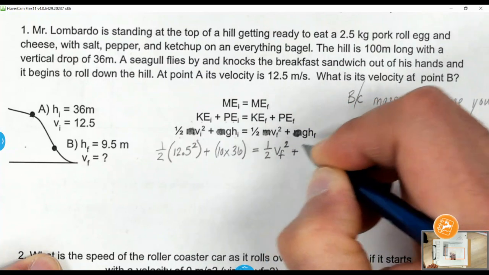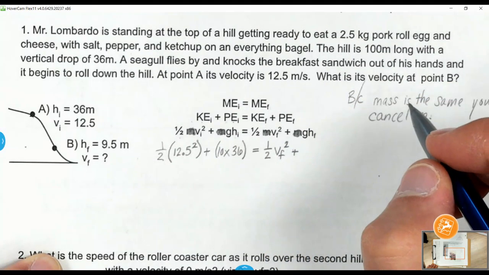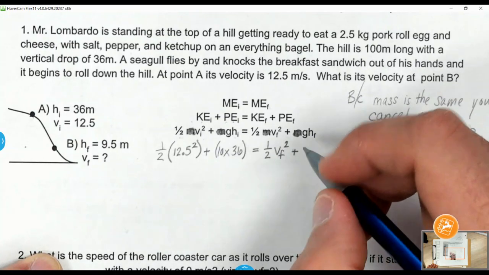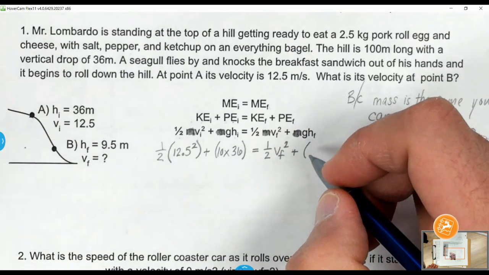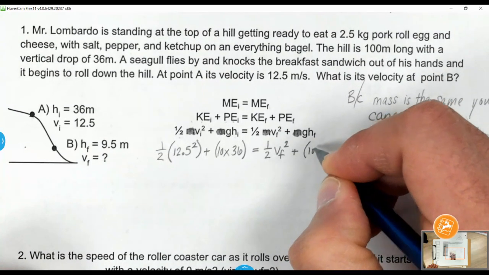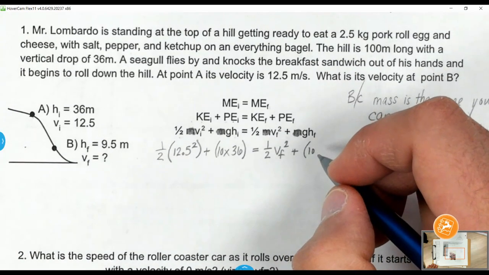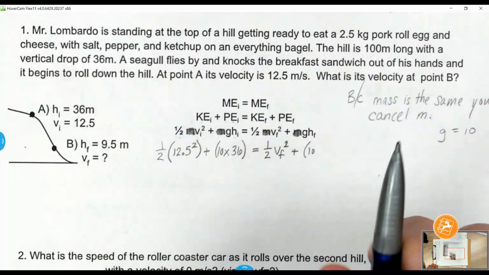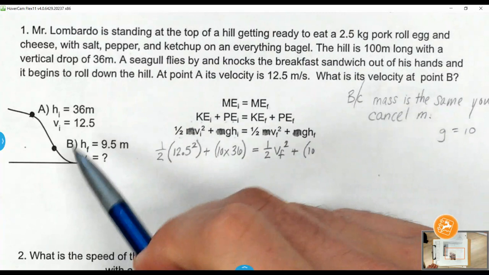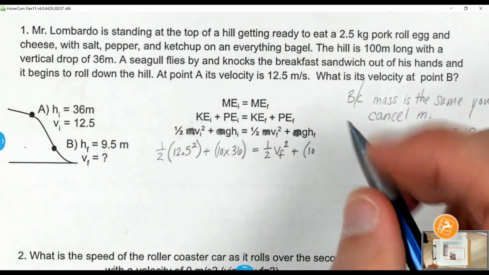Bring down our plus sign. What is the value for g? 10. And what is the value for h_f? 9.5.